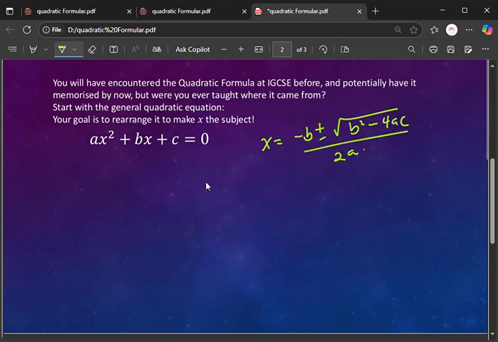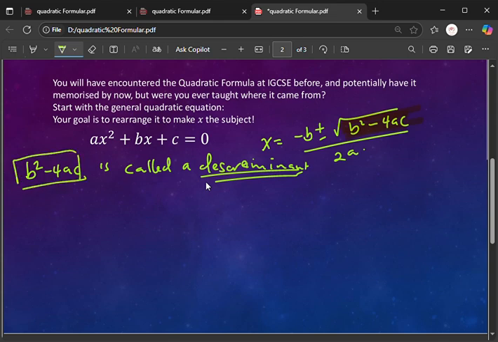Now this is the quadratic formula, but this part here that I'm highlighting has a name. So b squared minus 4ac is called a discriminant. So I hope this is the spelling. Discriminant, I think this is an E, I'm not sure. So discriminant is this part.